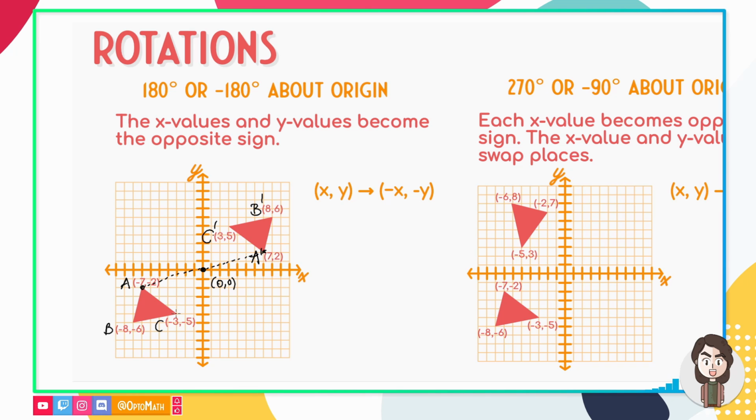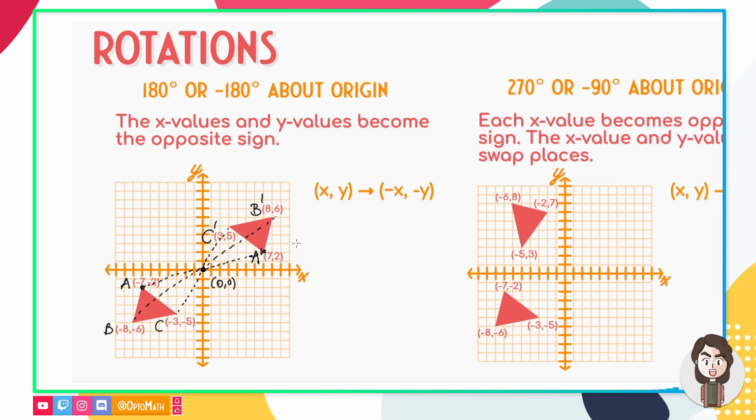So let's look at our points C to C prime. That makes a line as well. And B to B prime ought to make a line. Since they all do, it's a really good way to check that we do indeed have a 180-degree rotation, and that could be plus or minus, again, because those are coterminal angles.